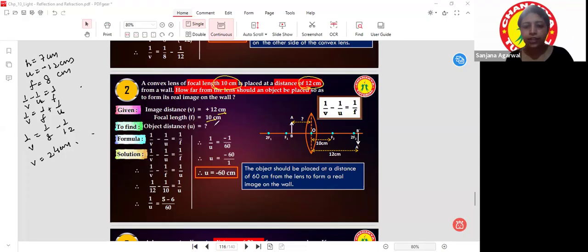Object distance we need to find out. So please again use the same formula and try to get the answer quickly. The more practice you do for the numerical part, you will develop the speed that is highly required if you have numericals. And it will also help you in solving questions in mathematics. So please keep practicing numericals.